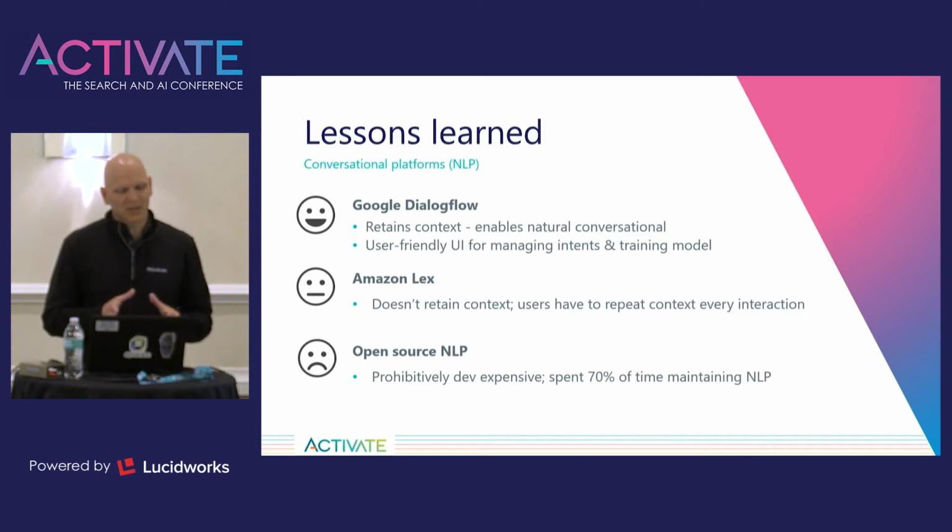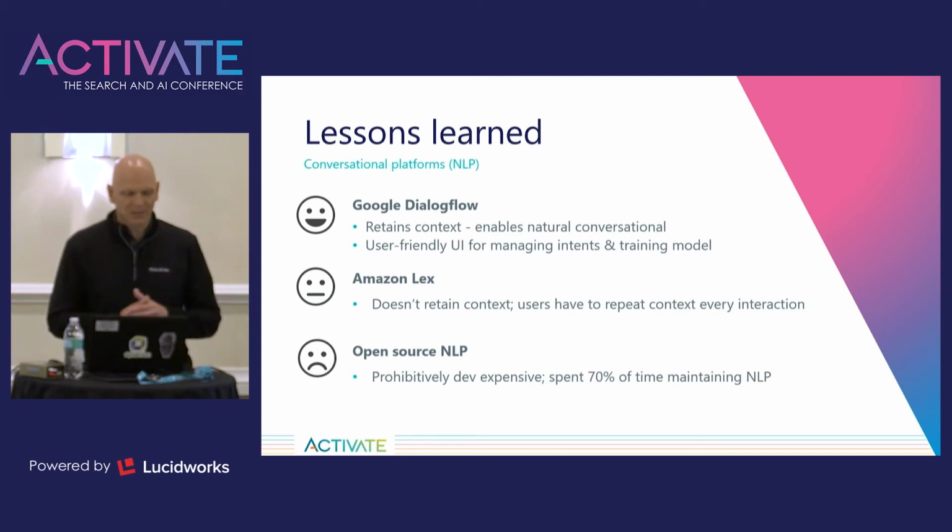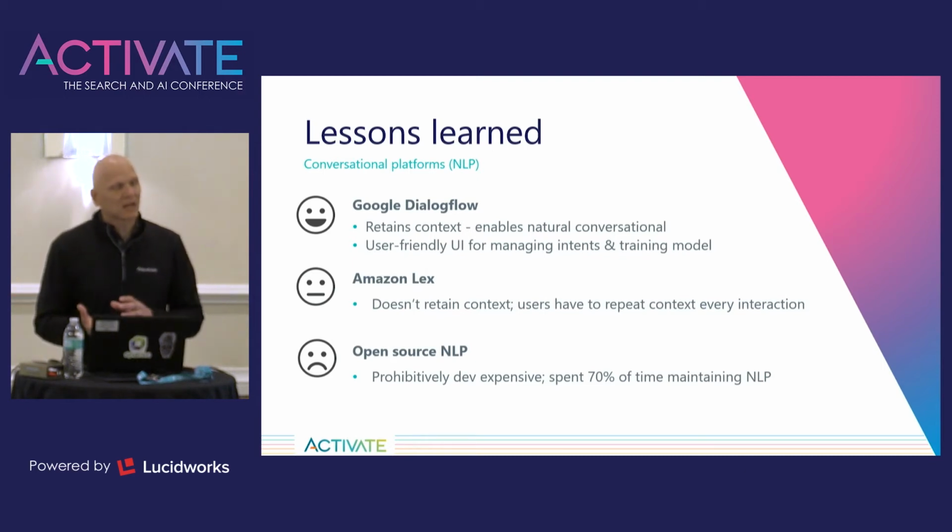However, one limitation is we found it didn't retain the context, which was problematic. You had to repeat it every interaction. It didn't really simulate a natural conversation, and that's when we switched to Dialogflow, which we found to be much superior, not only for being able to retain the context.